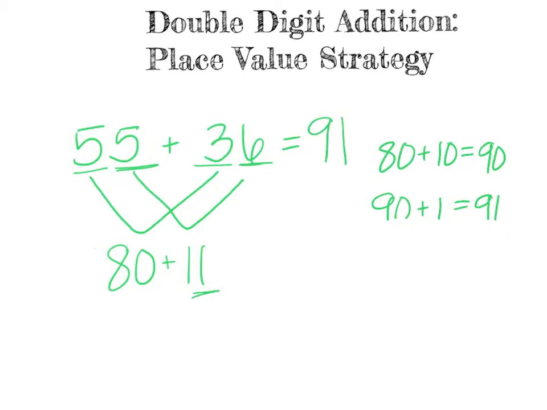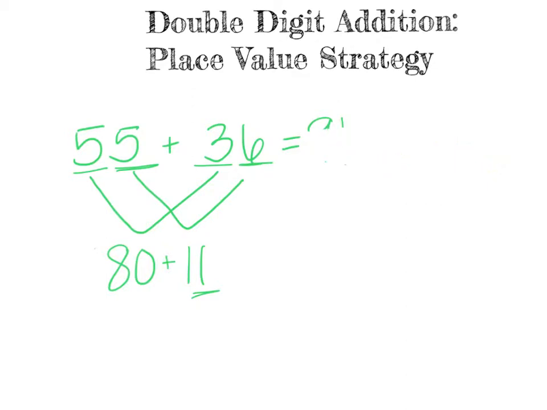Now let's do one more problem to show you how to do the place value strategy in double-digit addition. So one more. Let's do 48 plus 25.